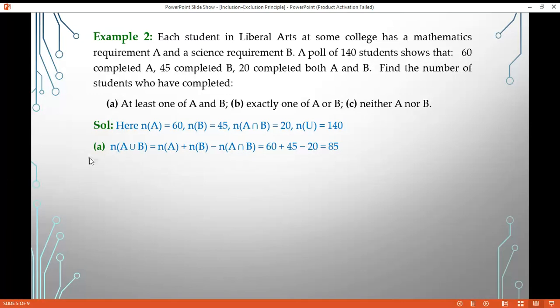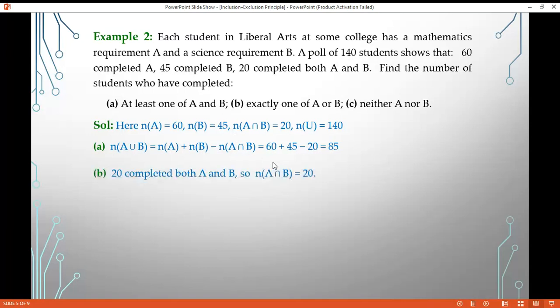The number of A union B is equal to number of A plus number of B minus number of A intersection B. Now we have the number of A, that is 60, number of B is 45, and number of A intersection B is 20. So when we calculate it, it gives 85. So we have 85 students in at least one of A and B.